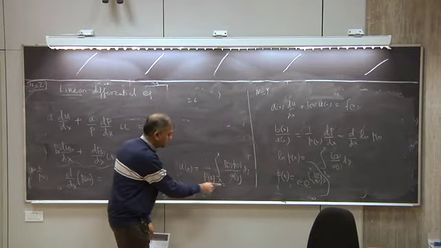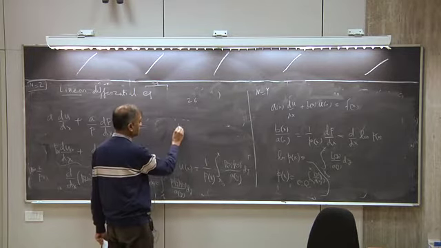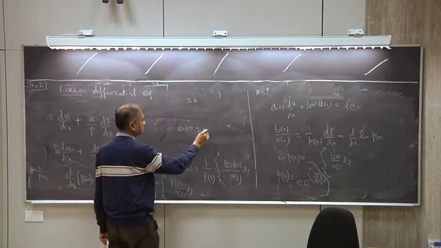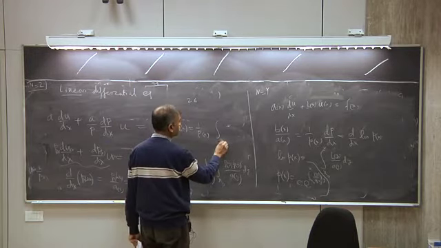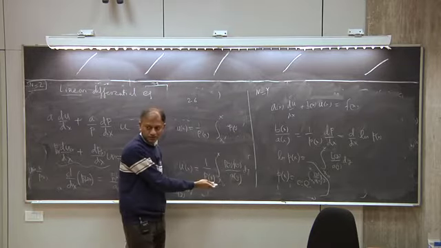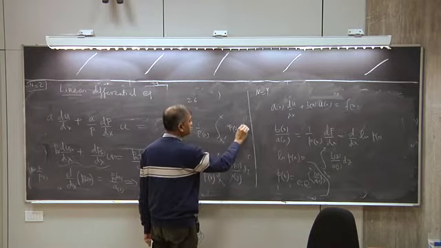let me suppose I change x naught. So instead of considering this solution, I consider a solution where u of x equals 1 over p of x, integral from some x naught prime to x. This point was completely arbitrary, I could have chosen another point. And what's the difference between these two?